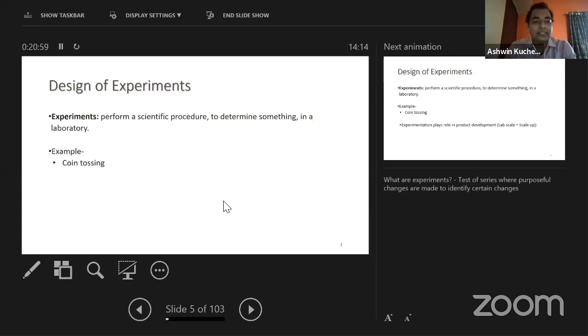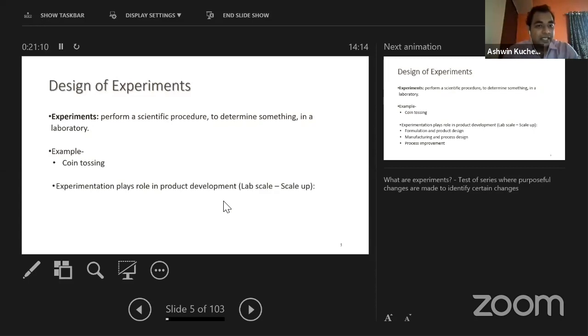Now, why not correlate this simple example with our pharmaceutical dosage forms? So experimentation plays a role in developing a dosage form from a lab scale to scale-up batches. Means if you are developing a product or performing research on a lab scale, this design of experiment will help us to scale up the batches up to the commercial batches.